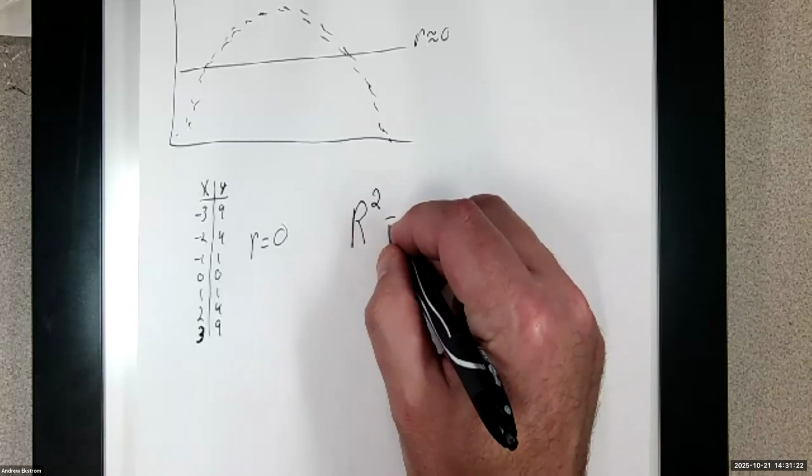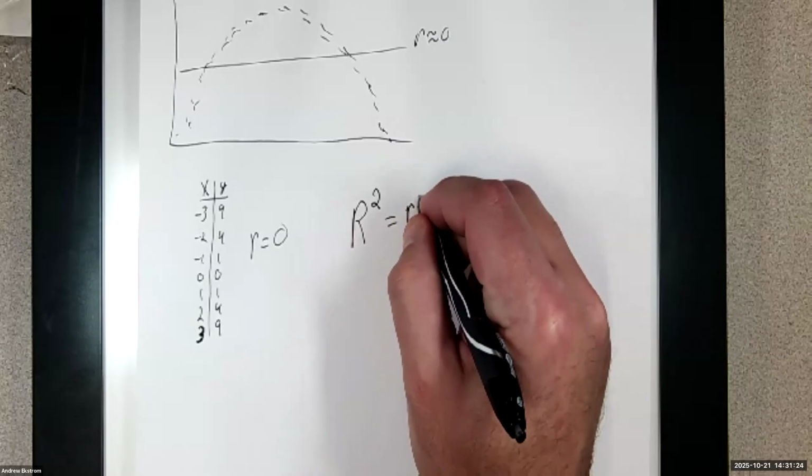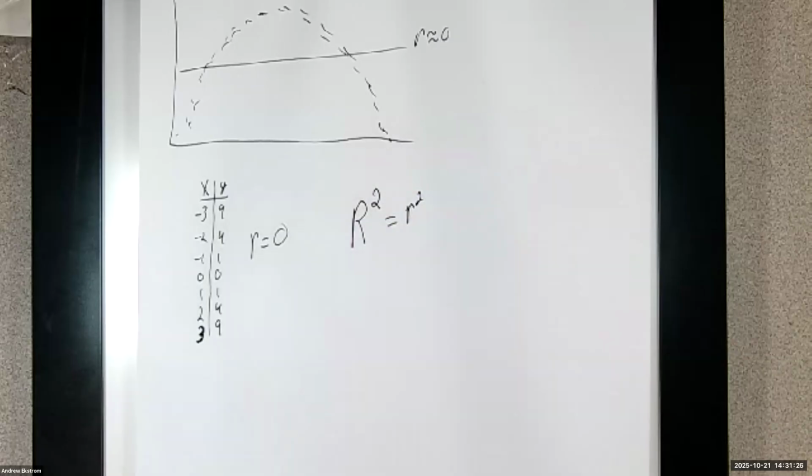What you have here is capital R squared, which is usually just that lowercase r for the correlation coefficient. We square that. But we can also look at it in terms of an ANOVA table.